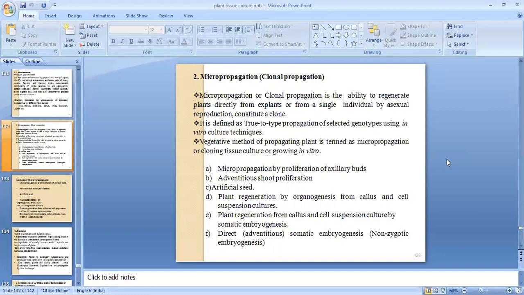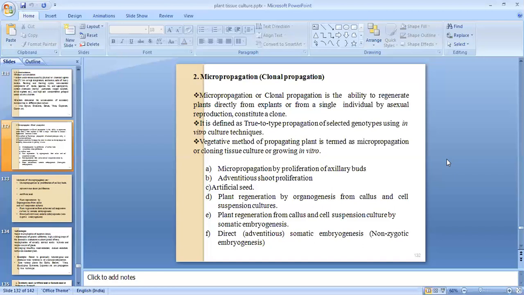It is defined as a type of propagation of selected genotypes using in vitro culture techniques, especially in case of the vegetative method of propagation of plants.